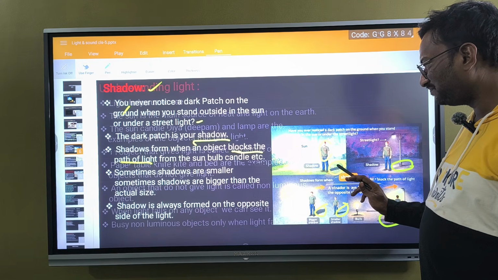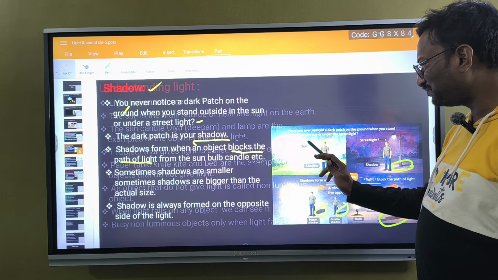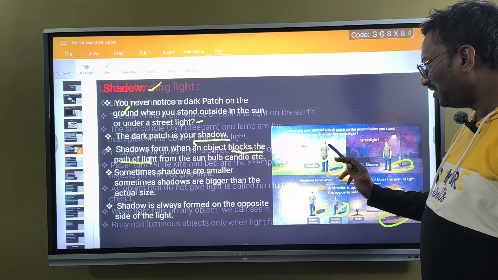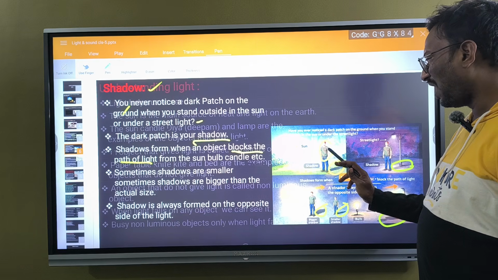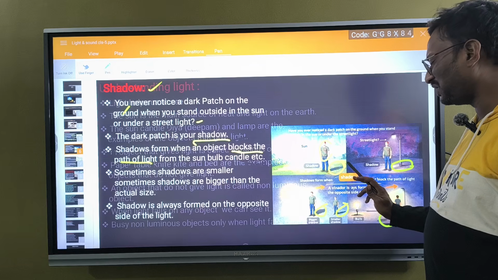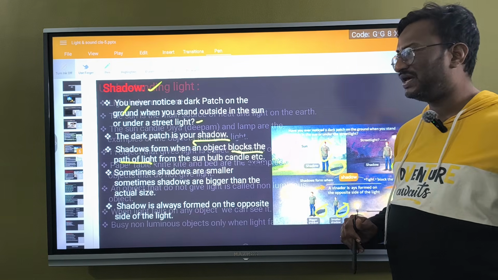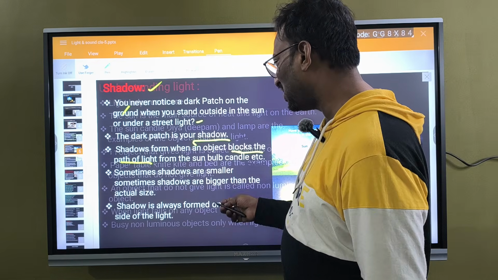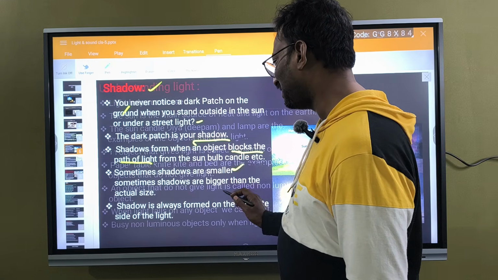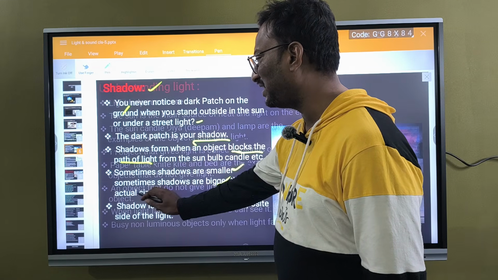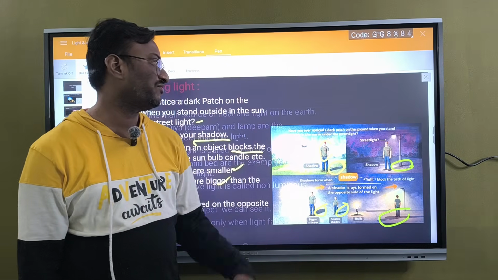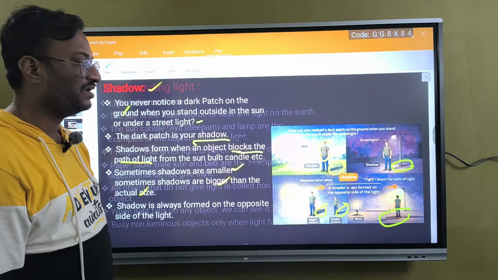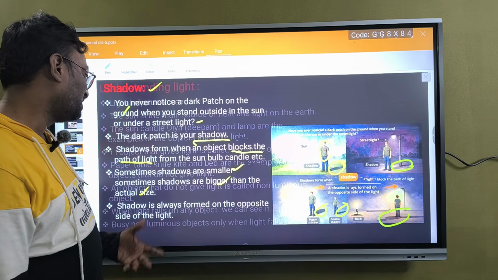In the sense, the sunlight is blocked by him and the shadow falls on this particular place. That is what we call shadow. Sometimes shadows are smaller and sometimes bigger than the actual size.